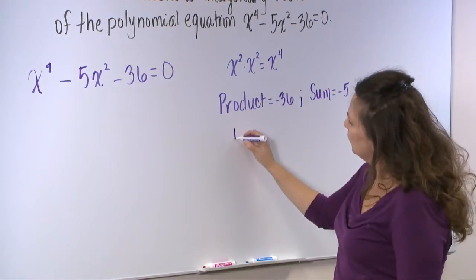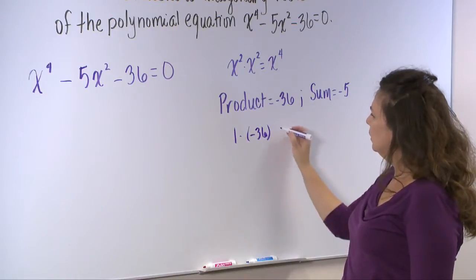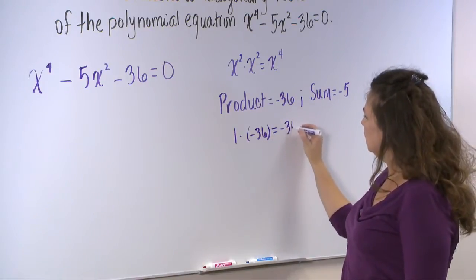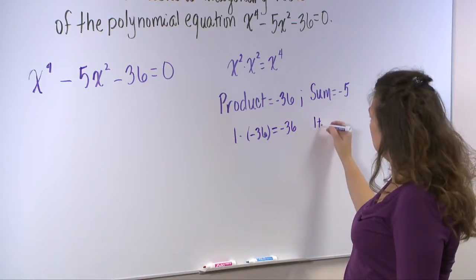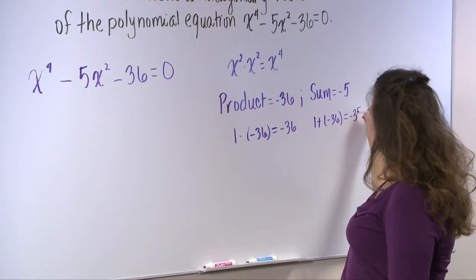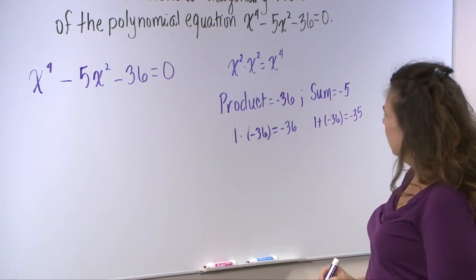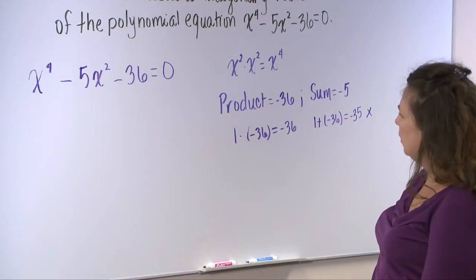So I'll consider 1 multiplied by negative 36. This product is negative 36, and then the sum, 1 plus negative 36, is equal to negative 35. And that's not what I want. I want the sum to be negative 5.